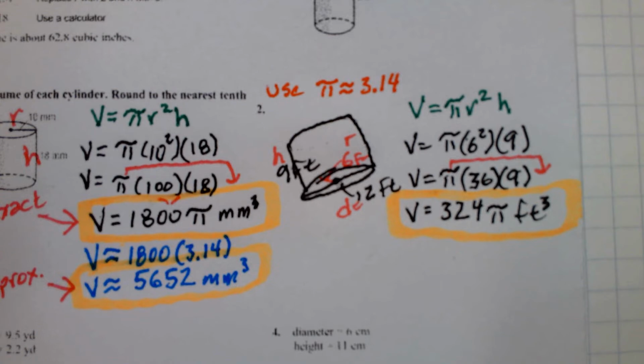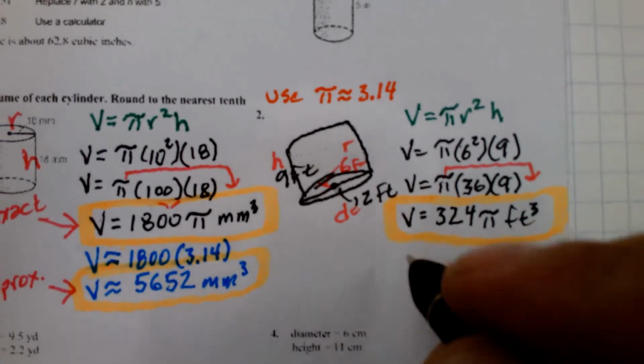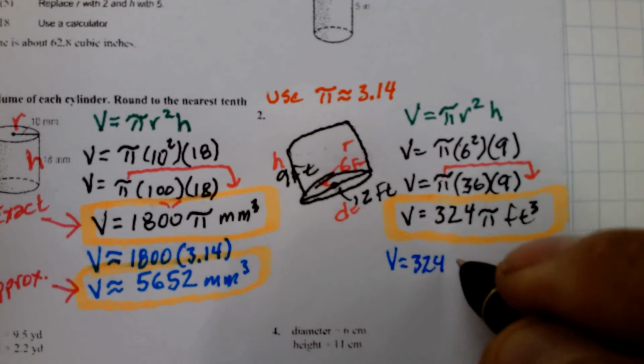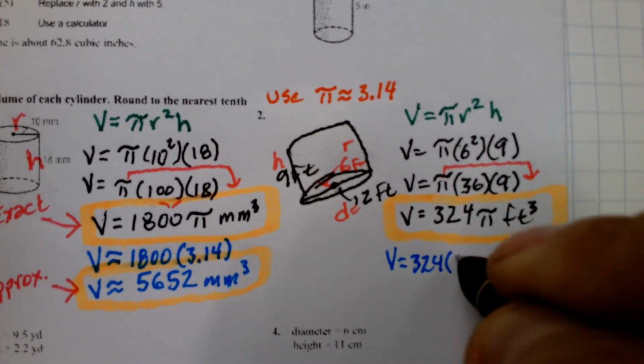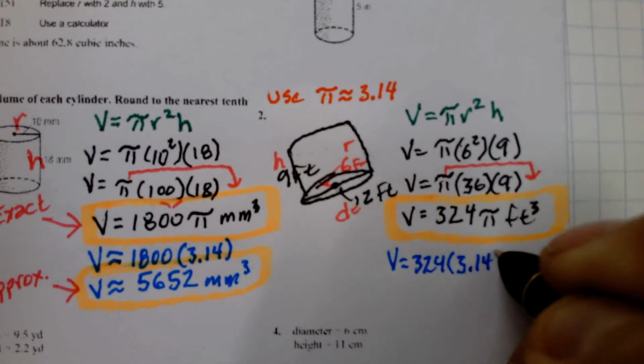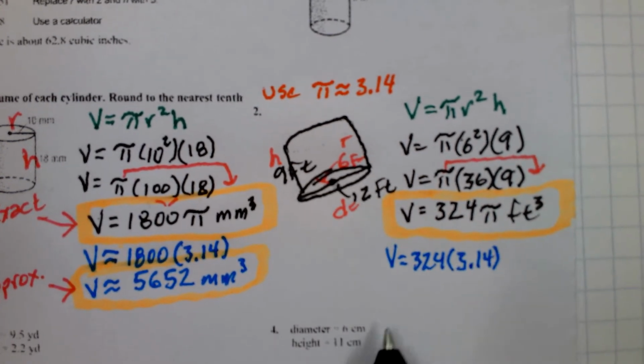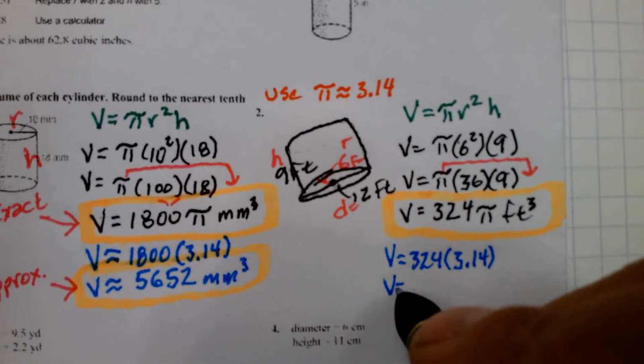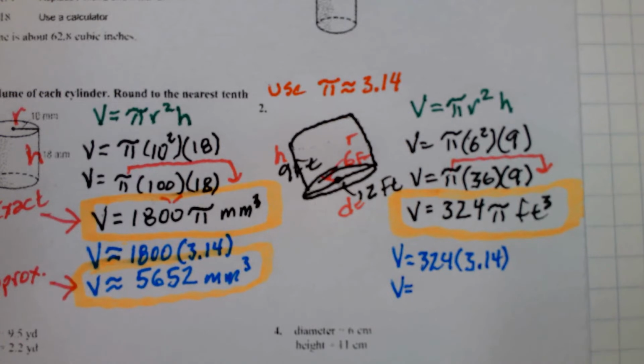Okay, so now let's move on to the approximate answer. Take that answer you just got, 324 times pi, replace pi with 3.14. So now we want to multiply 324 times 3.14. And let's see what we get there. On your calculator, let's type in 324 times 3.14.